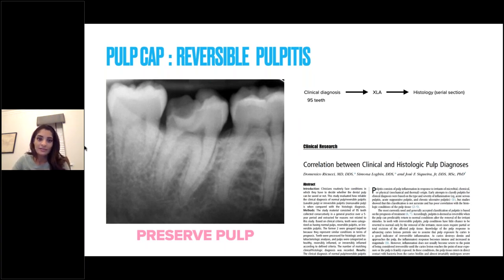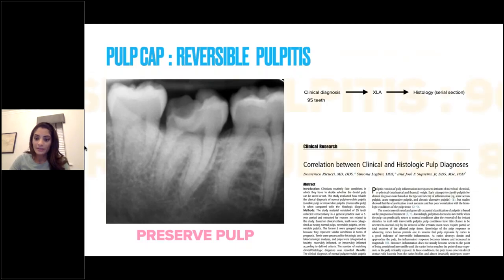Following that, they classified each patient into a clinical diagnosis of reversible or irreversible pulpitis, depending on what the patient told them. After that, they took the teeth out and histologically looked at what was going on in the pulp to see if it matched the clinical diagnosis.